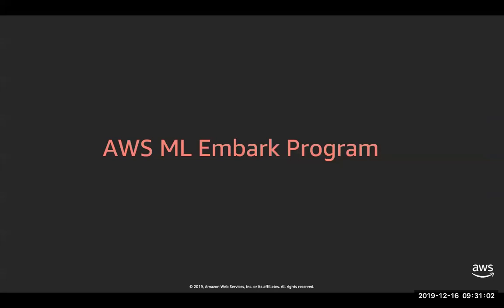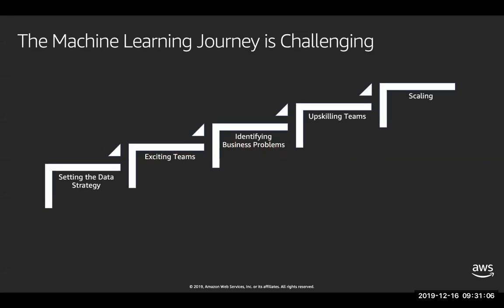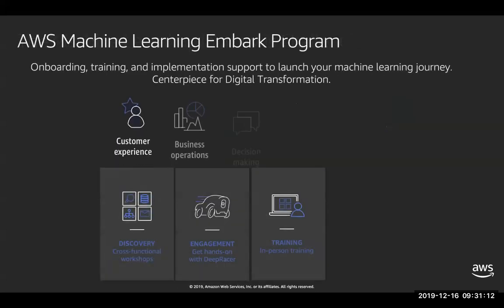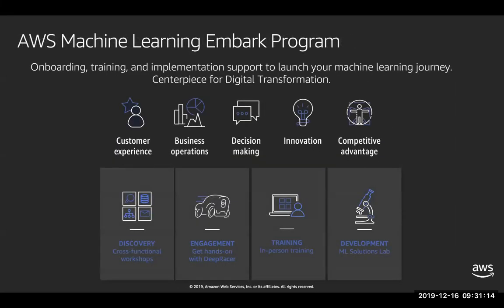Also, I discovered over the last couple of weeks this thing called the AWS ML Embark program, and really it is partnering up with the ML Solutions group within Amazon. And you can actually get sort of one-on-one, more closed-form training here.